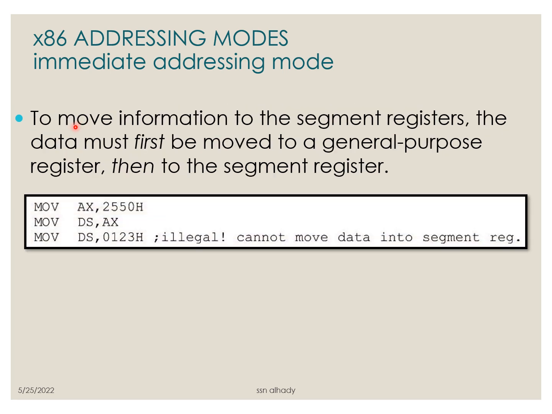To move information to the segment register, the data must first be moved to a general purpose register, then to the segment register. As you know, with the segment register you cannot move immediate data directly. It should be between the register and the segment register.